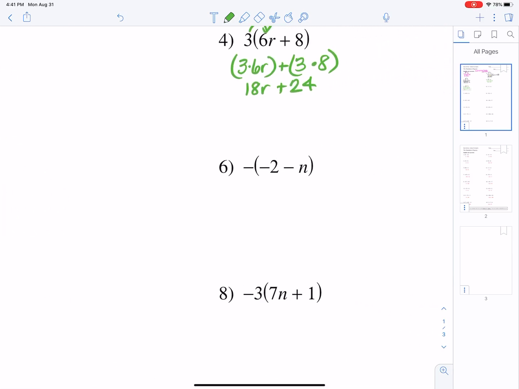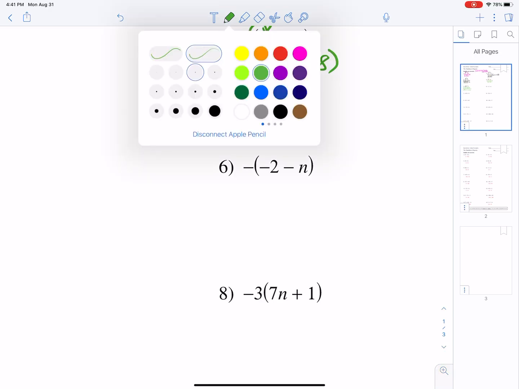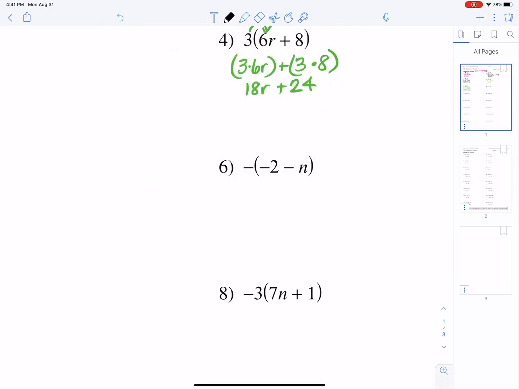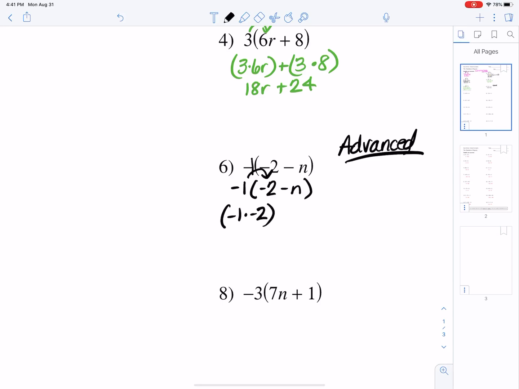All right, this one is a little tricky. I am going to rewrite it so that it makes a little bit more sense to me. Remember, if there's not something outside of this, this means negative 1 times negative 2 minus n. Now we're dealing with negatives, so this is advanced. We have not covered it yet, okay? But we could still distribute and see what happens. So negative 1 times negative 2 minus negative 1 times n.